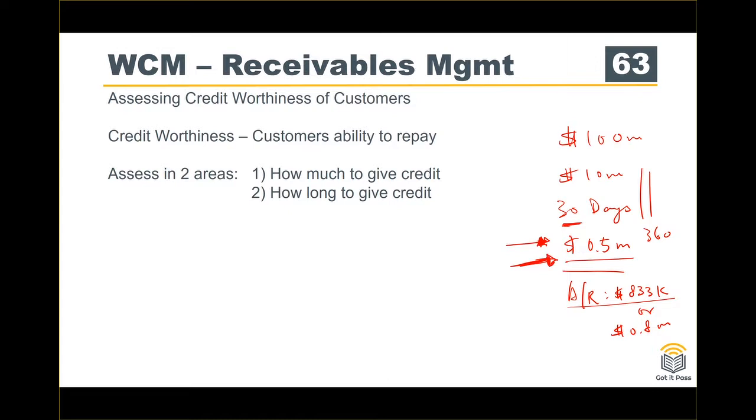So in other words, how much credit to be granted and how long are related, they are correlated. Okay, you cannot consider them standalone. For example, only consider how much to be given, and then separately consider the period to be given. So they are related together.